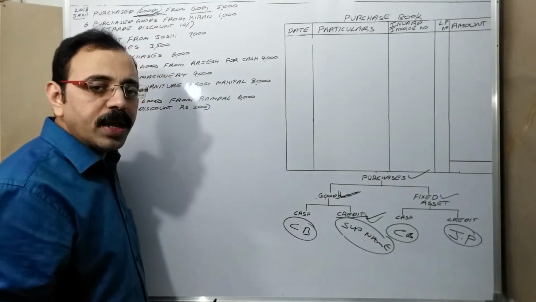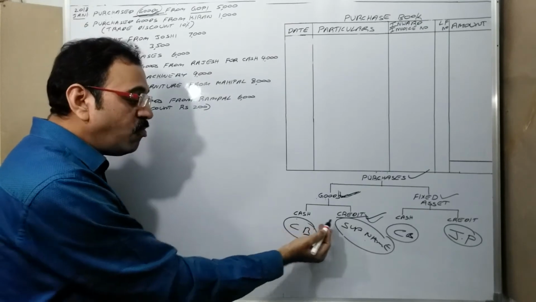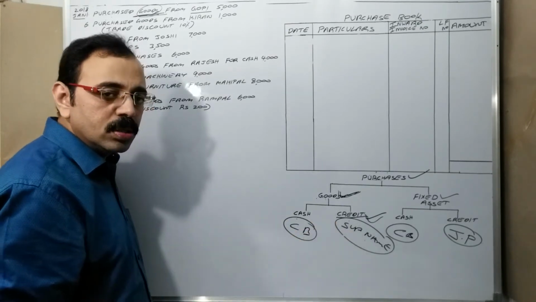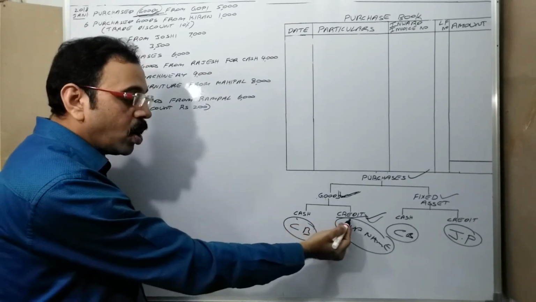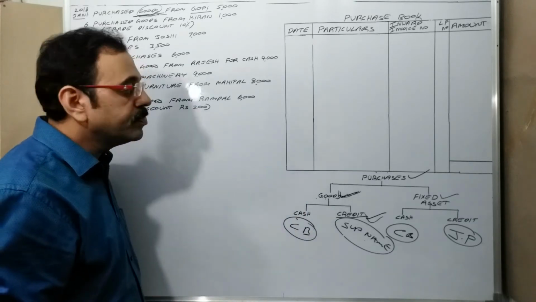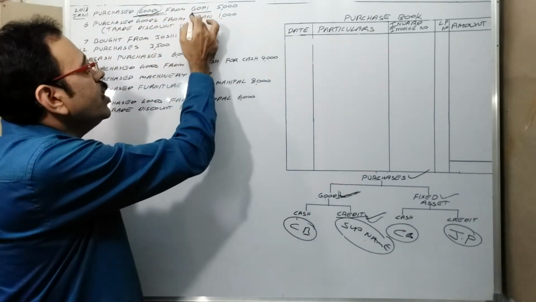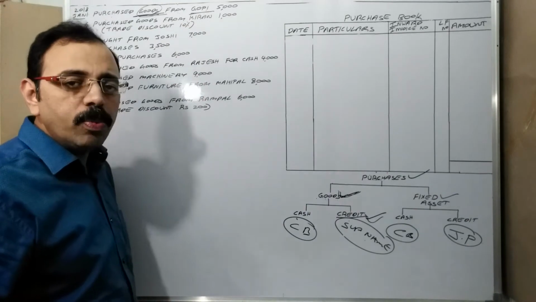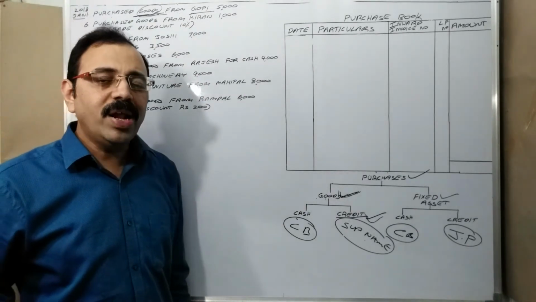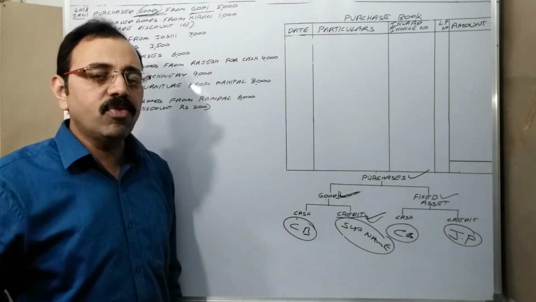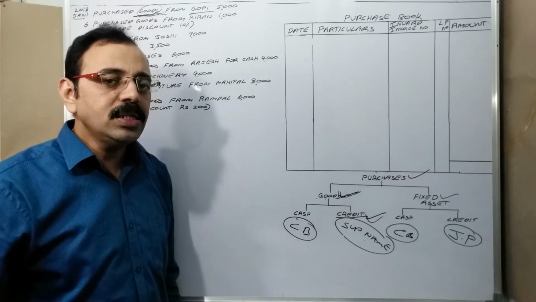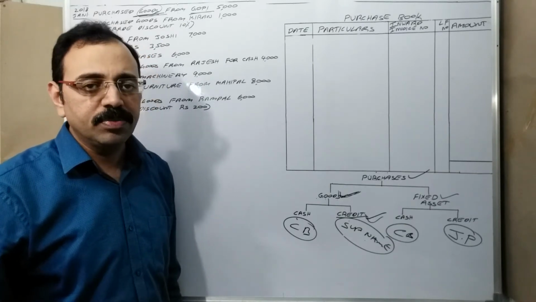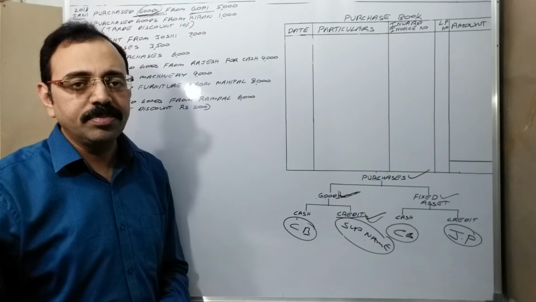Then the second point is we should observe how we purchase these goods, for cash or on credit basis. Purchased goods from Gopi. Who is Gopi? Supplier. When the supplier name is given, what is the meaning of that? It is credit purchases. Means we should record that.